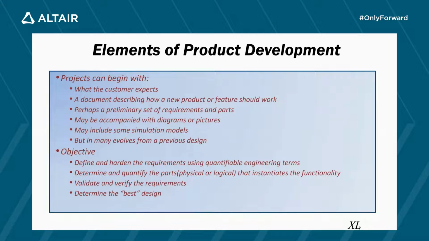You need to validate and verify the requirements, and also before you finalize your decision, you really want to look at different design alternatives so that you make sure you got the best combination of parameters and characteristics for the product that you can come up with.